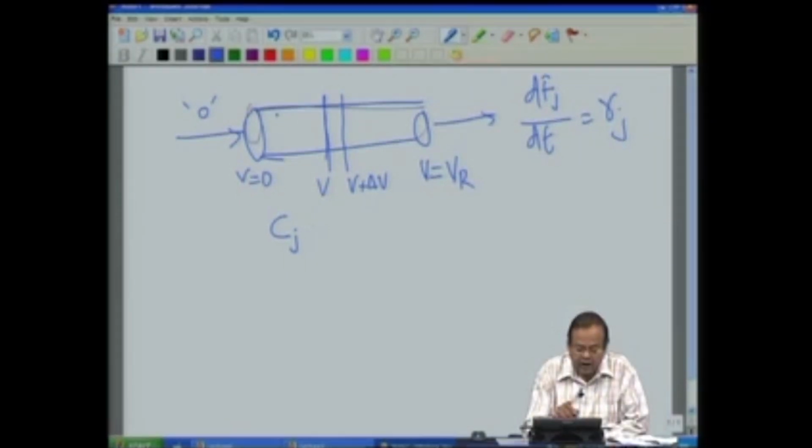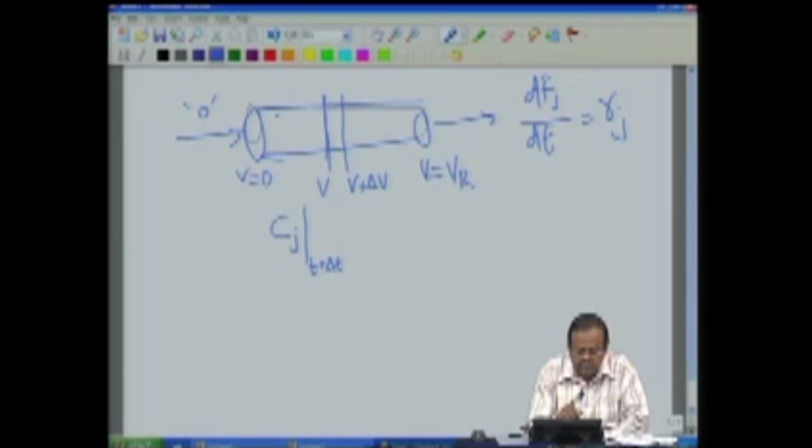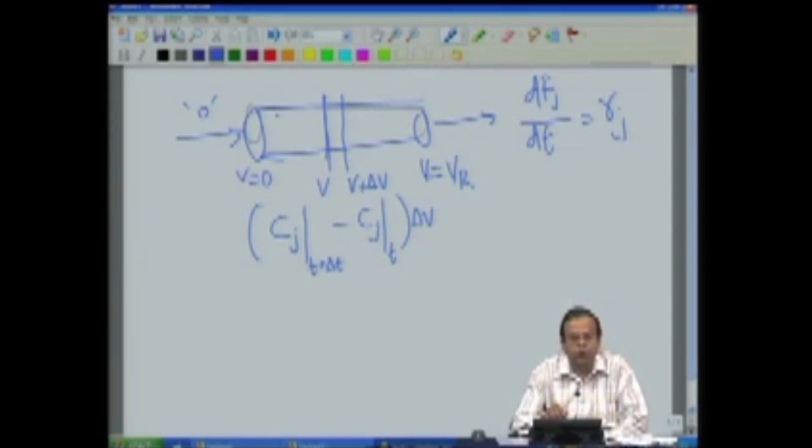So, there is an accumulation. Let us say that concentration at time t plus delta t minus concentration at time t multiplied by the volume of this element is how much the mass has accumulated in this small element delta V. Now, this has accumulated as a result of three different things, as I just now said.